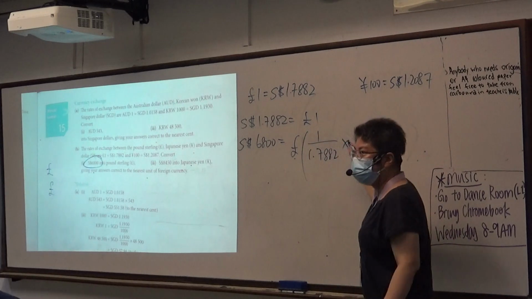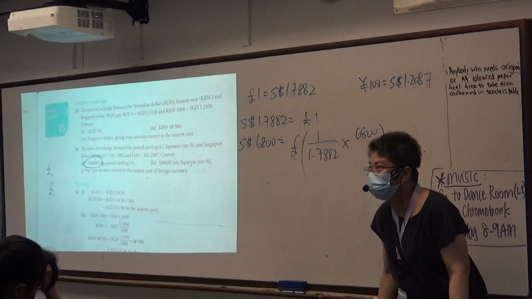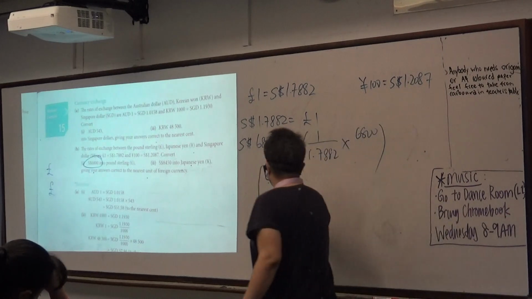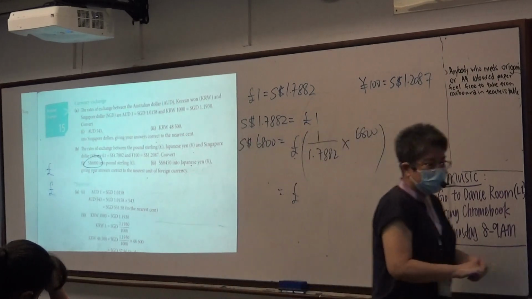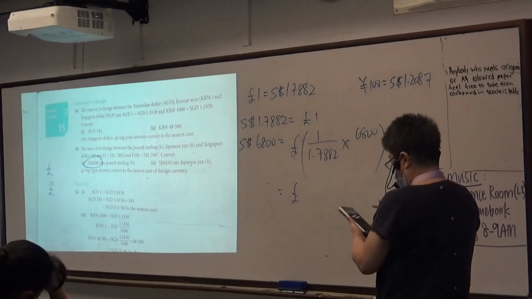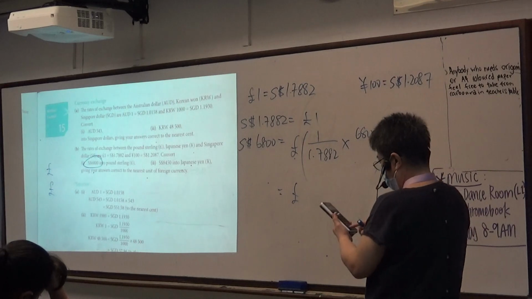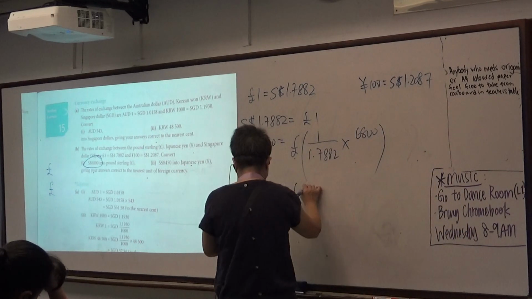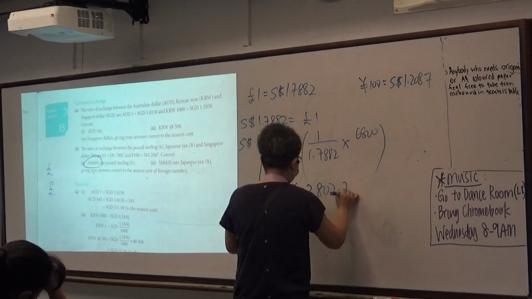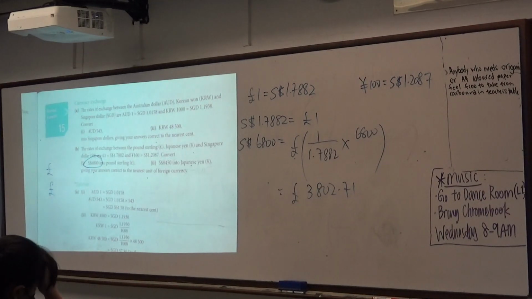Times what? 6800, right? Okay, so how much pound sterling will I get? If we use our calculator, I will get 3872.71.